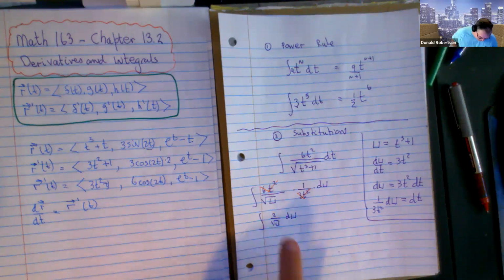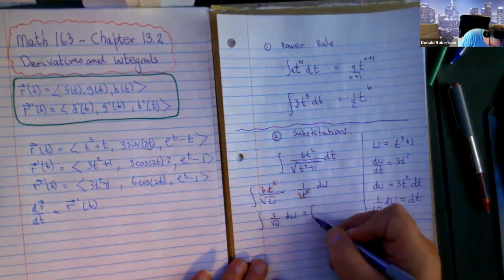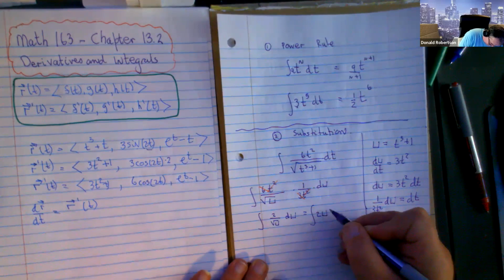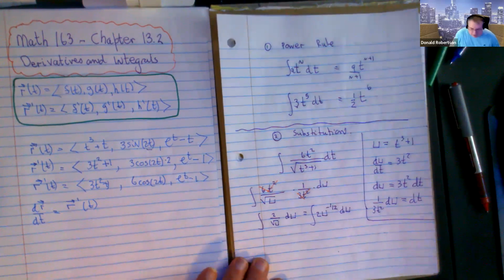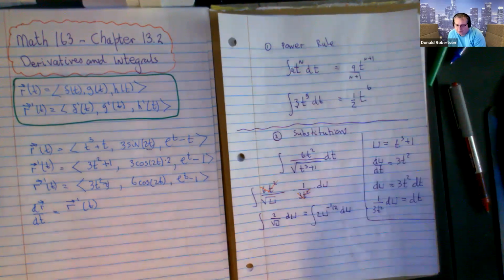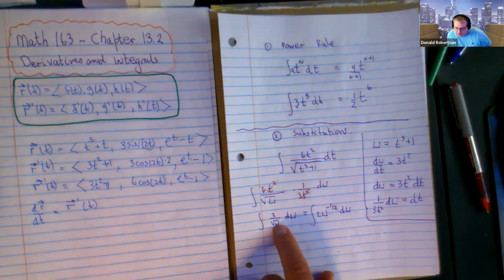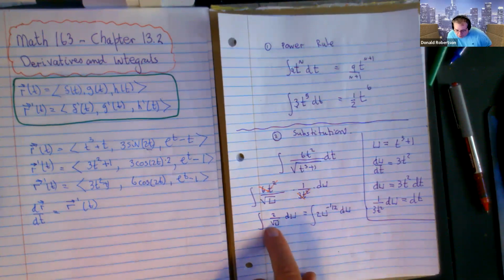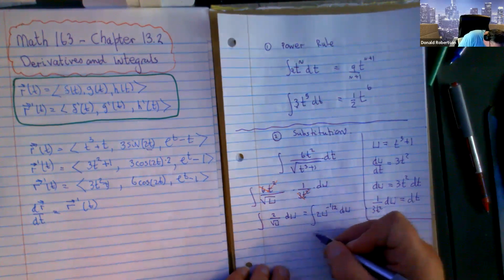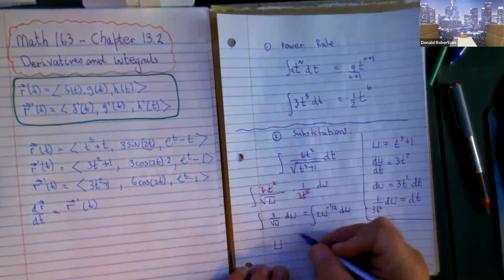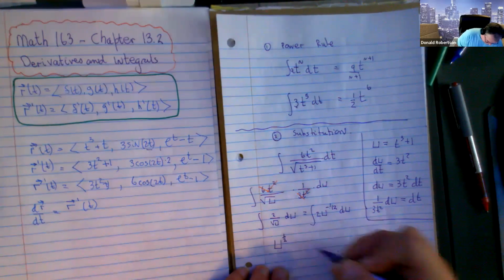Now, to do this, I have to write it as a power of u so I can use the power rule. A square root is a half power, but it's on the bottom. If you bring it to the top, the power becomes negative. You can then use the power rule, which says add 1 to the power, which gets you a half.